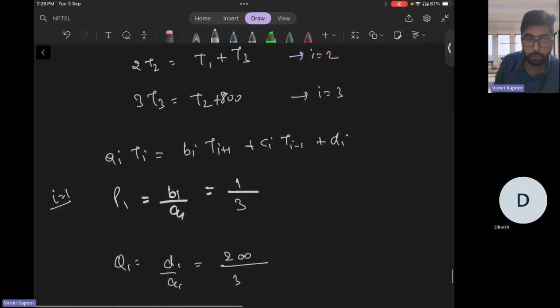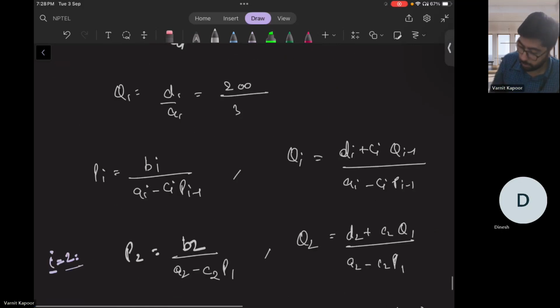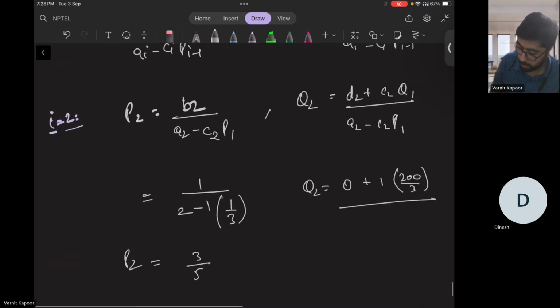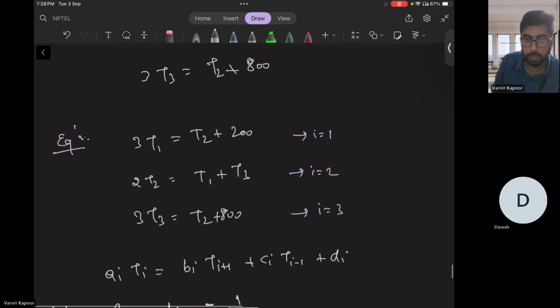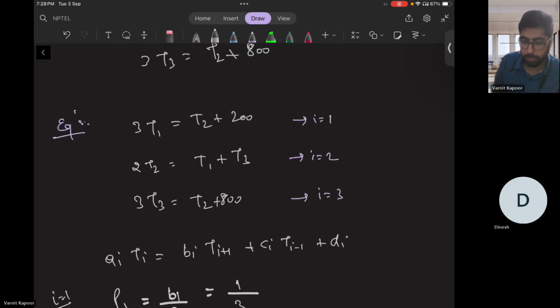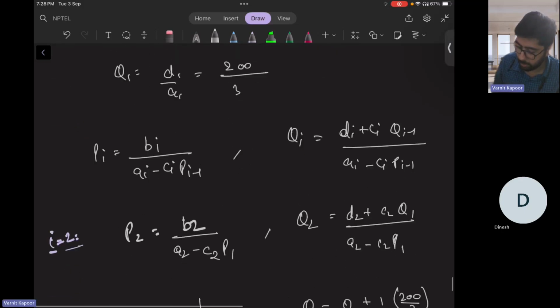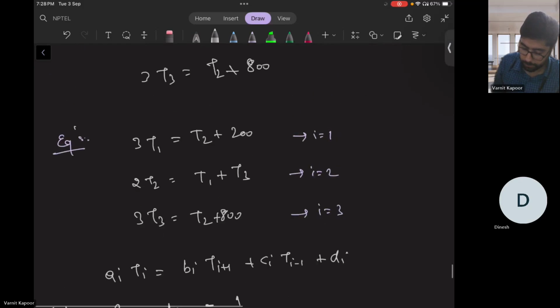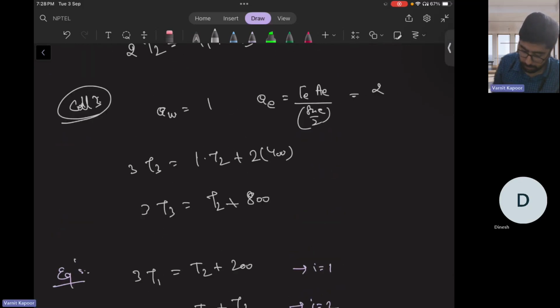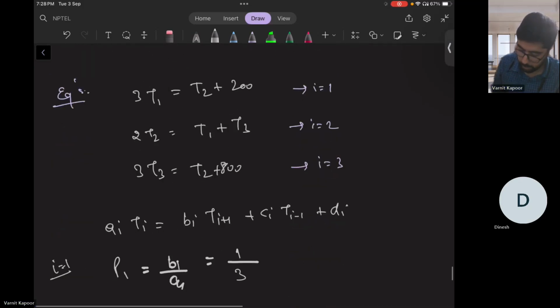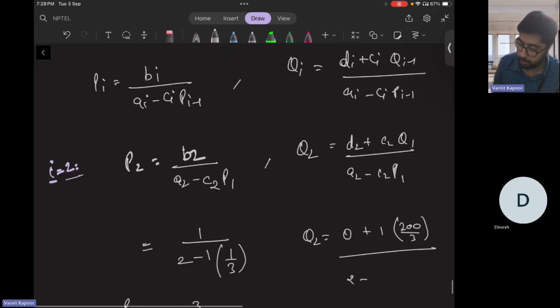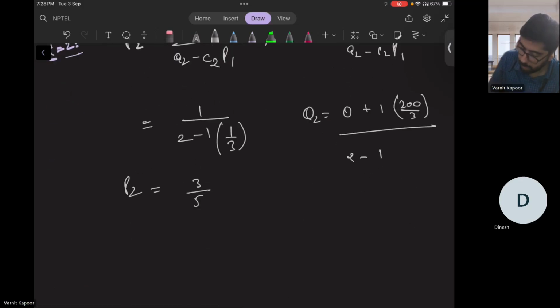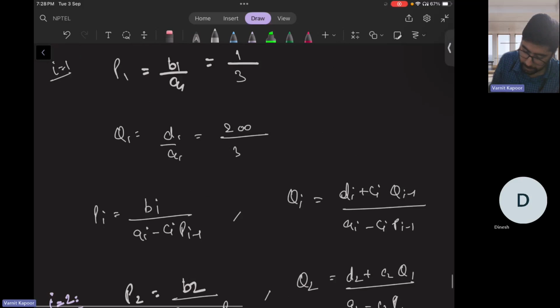A2 coefficient is 2, minus C2 into P1. C2 is 1, and P1 we have calculated as 1 over 3.